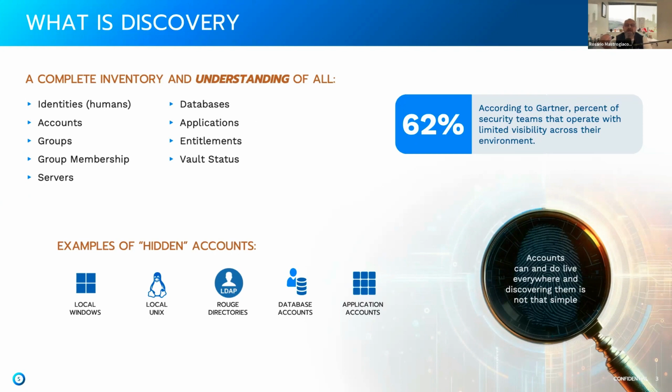So one interesting one is that according to Gartner, 62% of security teams operate with limited visibility across their environment. Now think about that, right? They don't know everything that they have. They have no idea about all of the entry points into their environments, all of these accounts, all of these entitlements. They have little or no visibility.